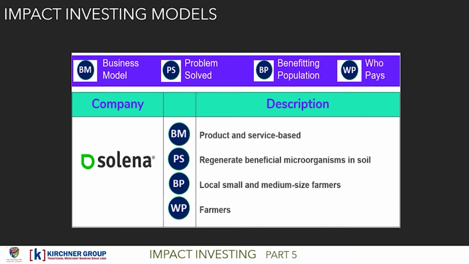And in this case, the farmers are the ones that are paying for the product and service. So we can see that the benefited population and the one who pays are the same in this case. Just by watching this 4-point summary, an investor can have a better understanding of what Solena does and see if it's within the scope of their investing activities.